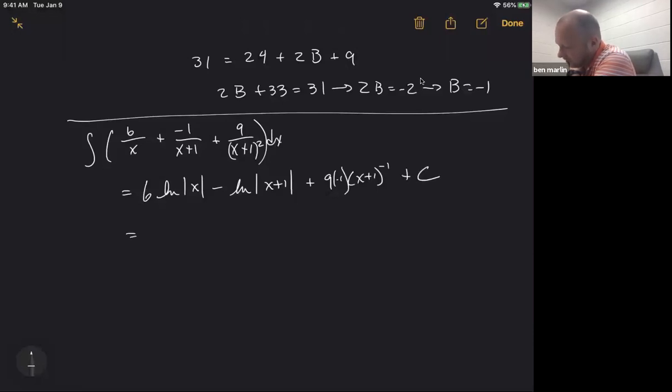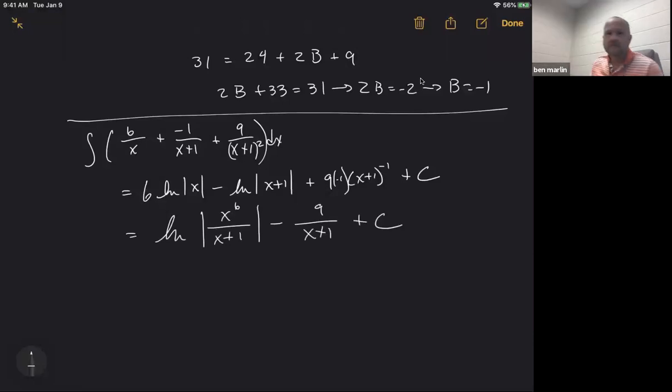So this becomes log absolute x to the 6th over x plus 1 minus 9 over x plus 1 plus c. And there we got that. All right. So if you've got something with linear factors, everything turns out pretty nicely.